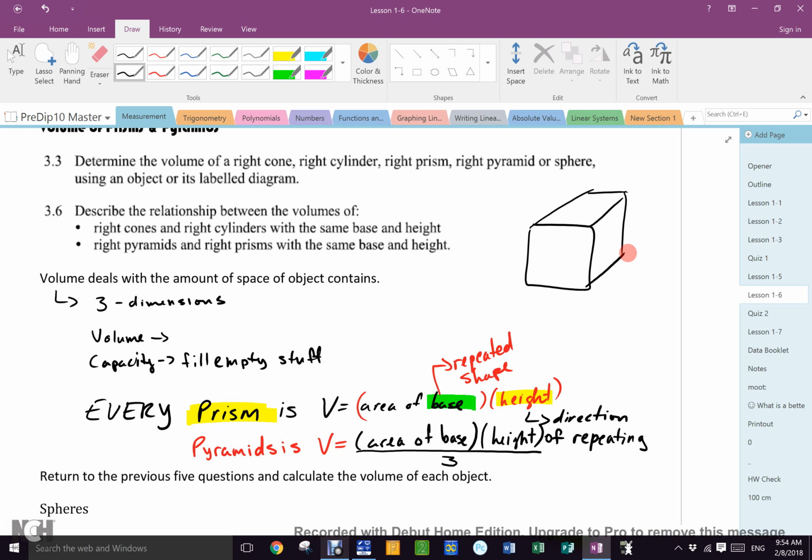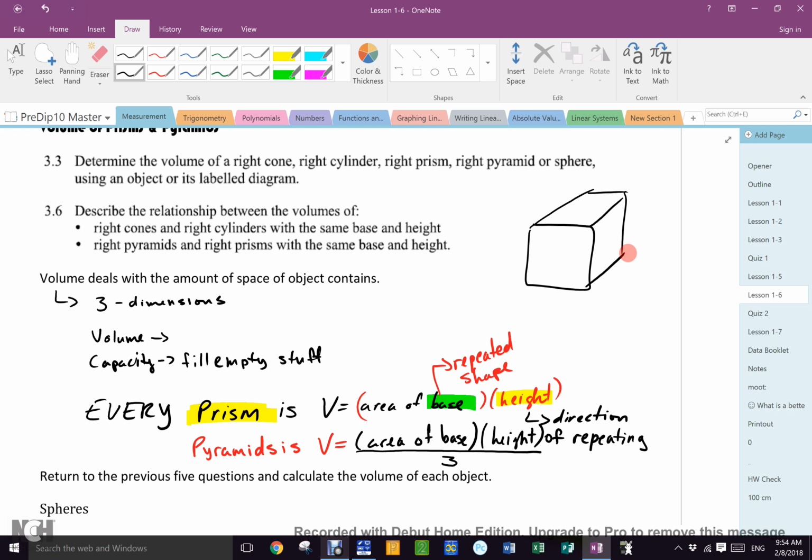Agreed? What if I said this was the side that repeats? What would it be? 8 by 40. And what's the height, the direction that it repeats? To the left, 24.